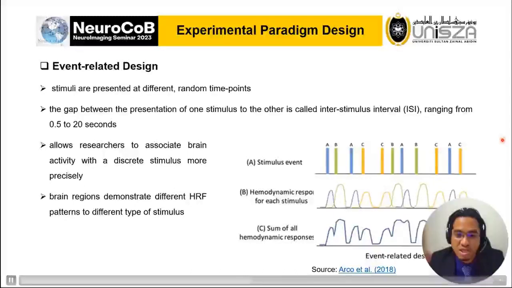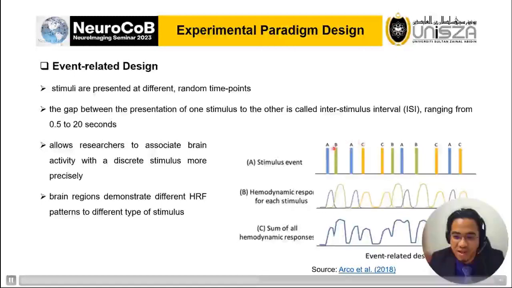The design will allow researchers to associate brain activity with a discrete stimulus more precisely. This is more possible because brain regions demonstrate different HRF patterns to different types of stimulus. So the researchers could know that this stimulus would produce this kind of HRF pattern and this stimulus would produce that kind of HRF pattern.